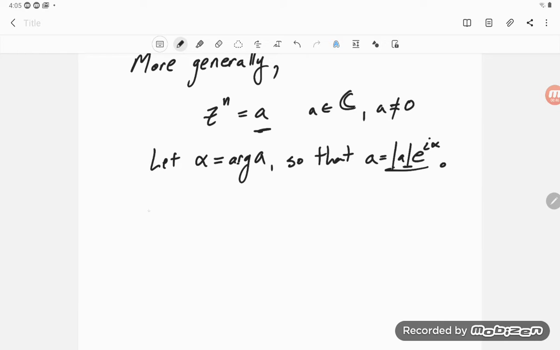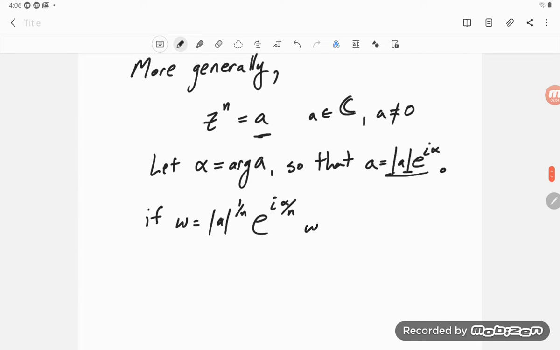Okay, and now they say, well, if w equals the absolute value of a to the 1 over n, and e to the i alpha over n, we have w to the n would be all this to the n, but I just multiply exponents, so I'll cut to the chase and say, well, that would be absolute value of a, e to the i alpha equal a.